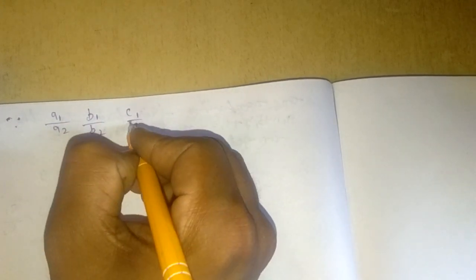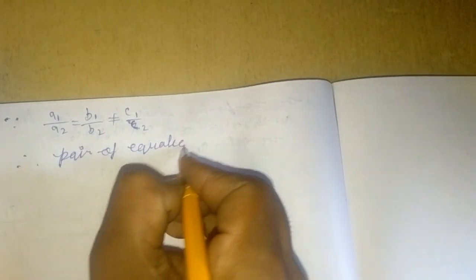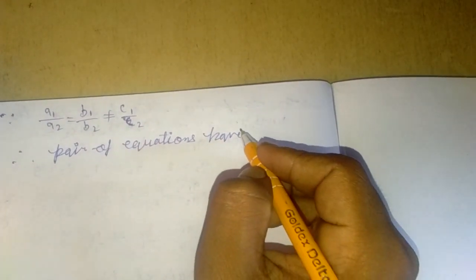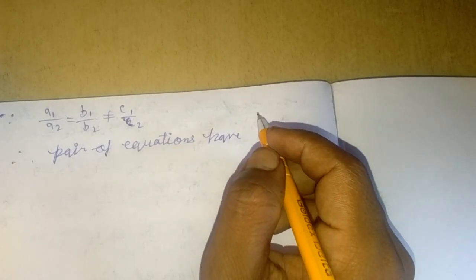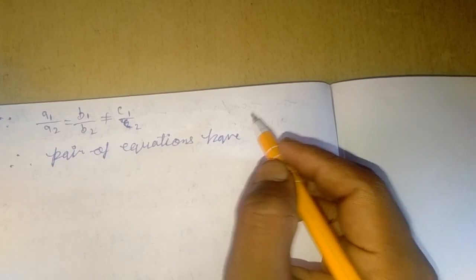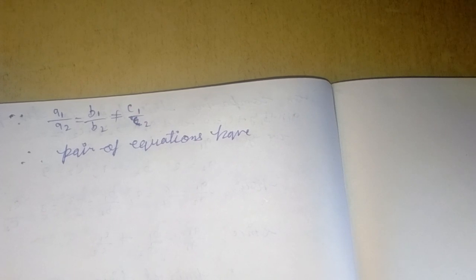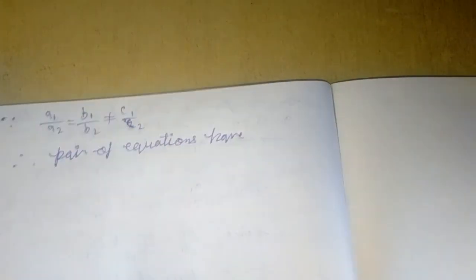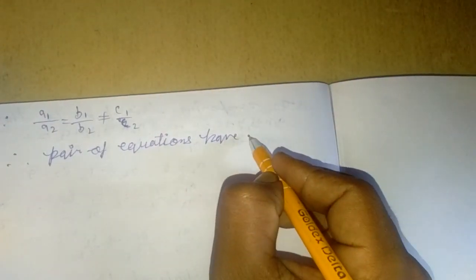Okay, since a1 upon a2 equals b1 upon b2 not equal to c1 upon c2, therefore pair of equations have no solution.